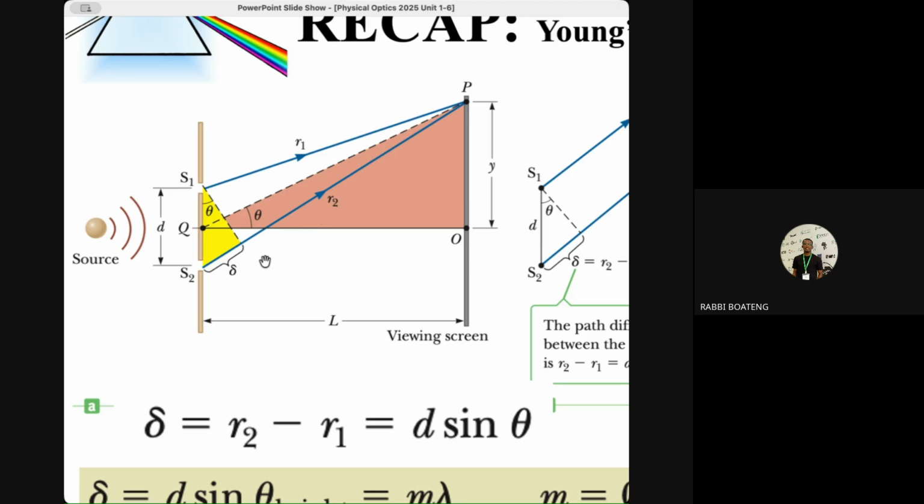Is that okay? I can find the phase difference between R1 and R2. Is that okay? And that is the small distance that we are talking about here. Is that okay? Because ideally, R2 is way longer than R1. I want to know the difference between R1 and R2.